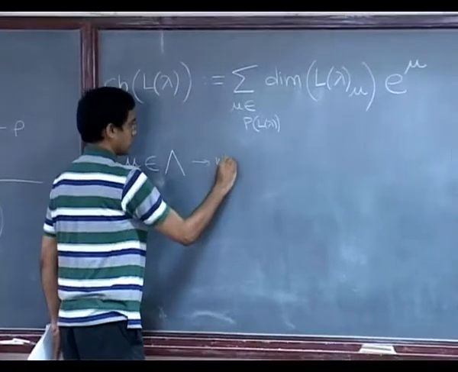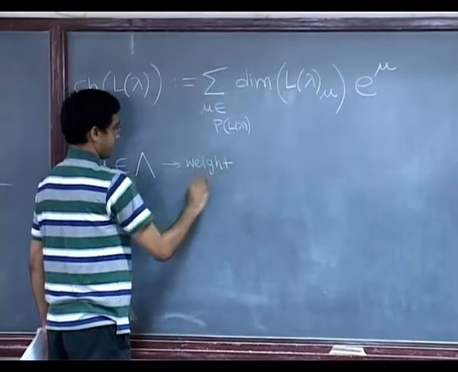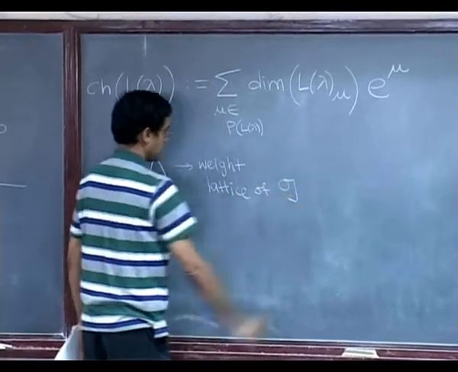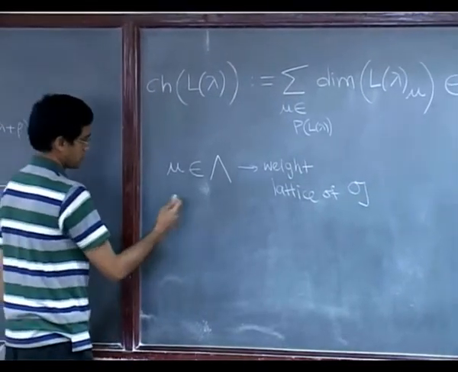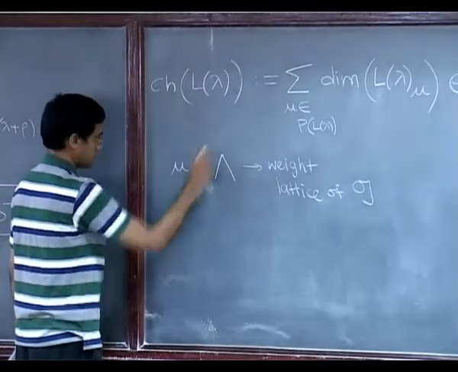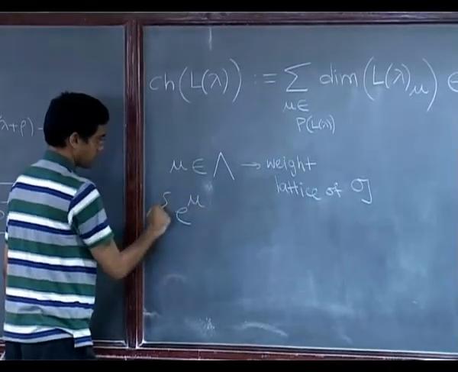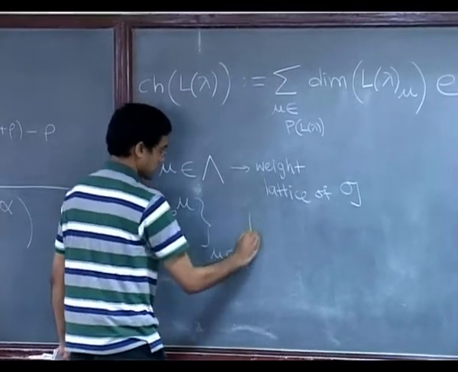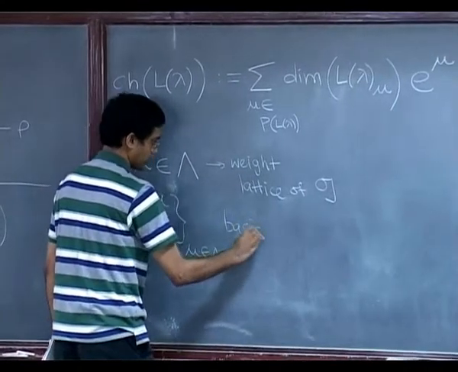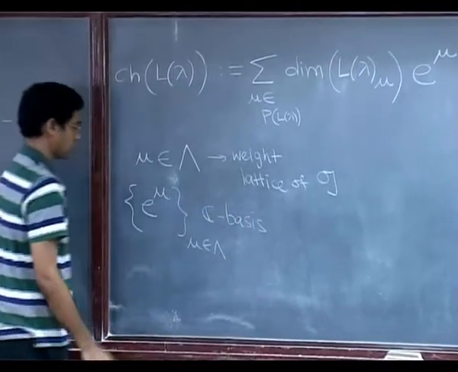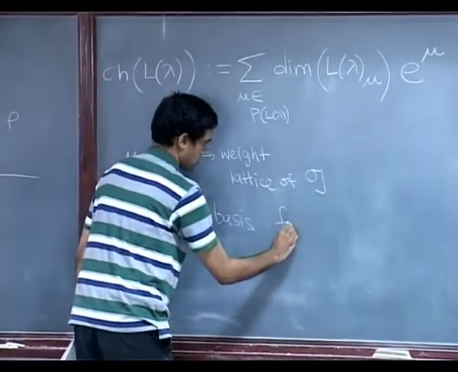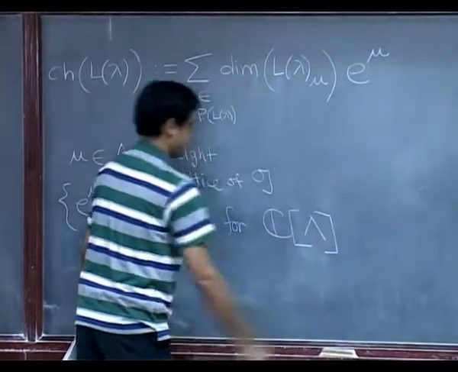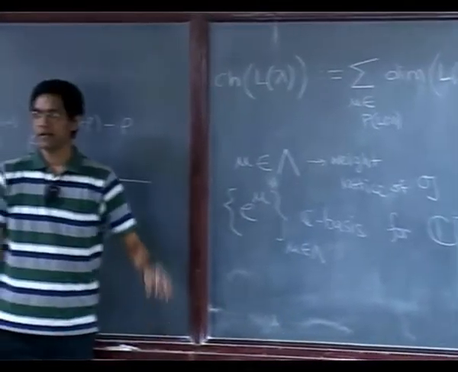So, this is just the weight lattice of this Lie algebra g, and these formal exponentials therefore can be thought of as a basis, a basis over the field of complex numbers for what's called the group algebra or the group ring of the weight lattice. Okay.